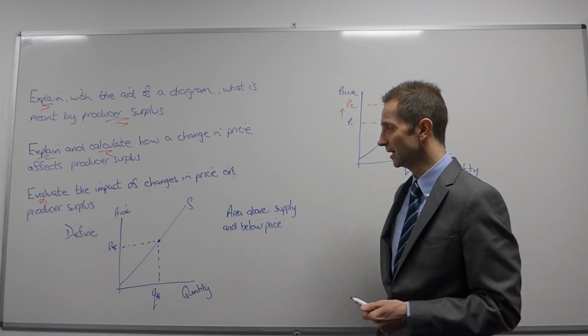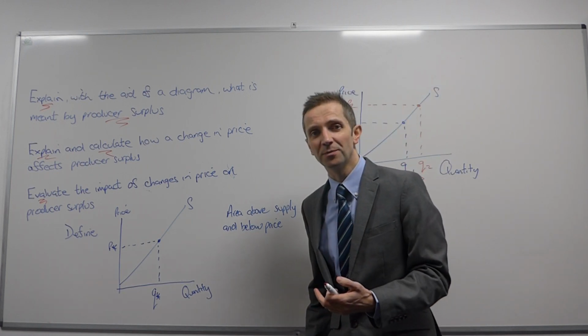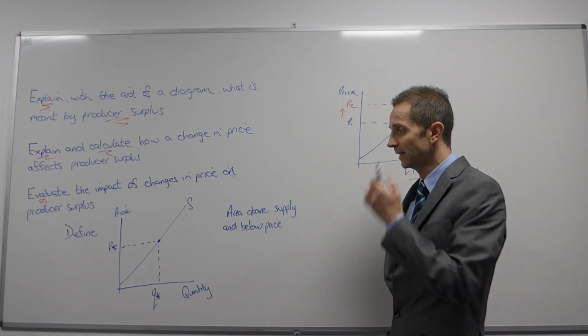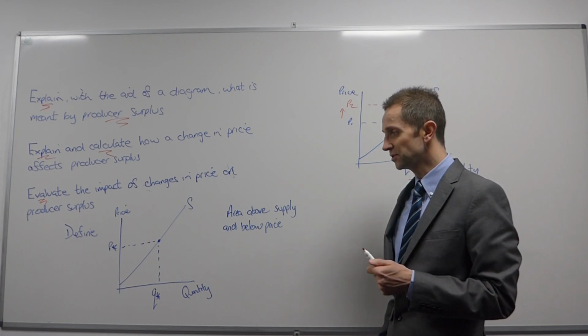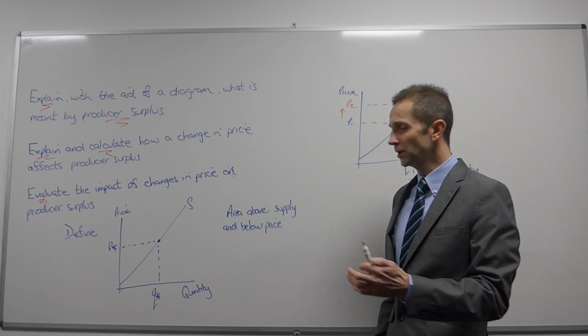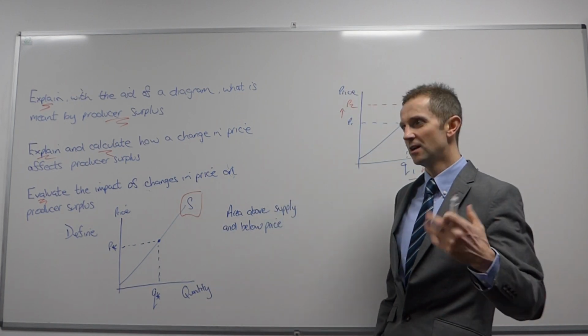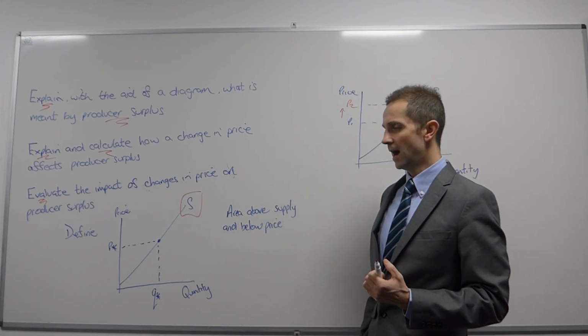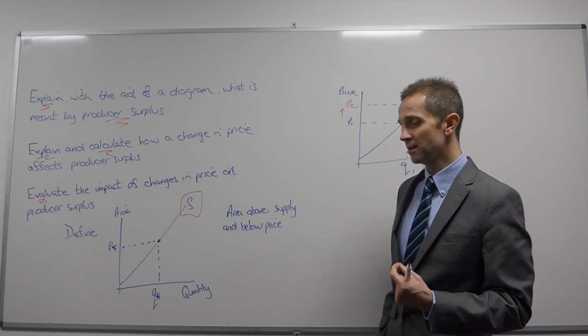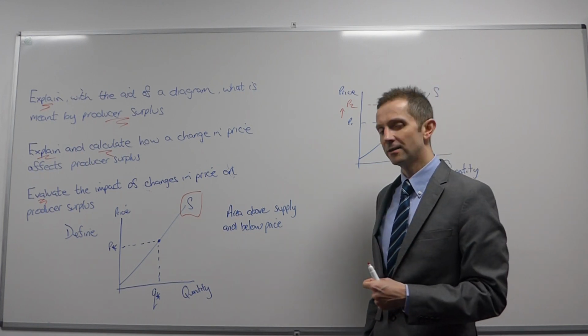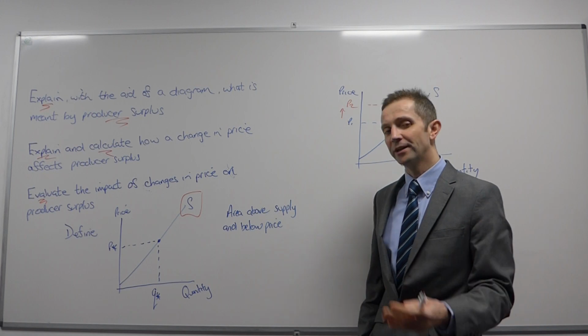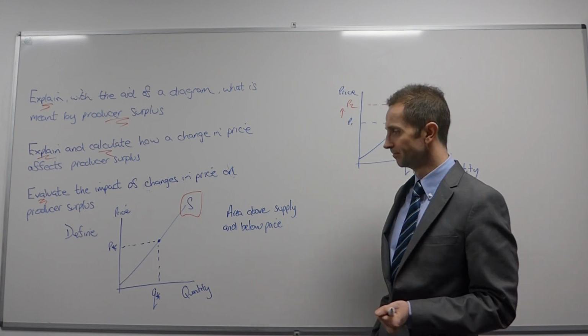So first things first, you'll obviously need to be in a position to define and explain what we mean by producer surplus. So we're looking here at supply, first of all, because of course supply is to do with producers and firms, and the surplus is to do with the amount of revenue that the supplier receives for bringing a particular good to market.